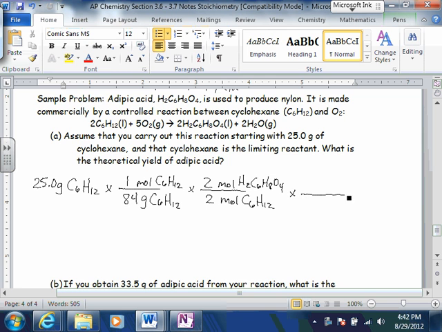Now when they ask for theoretical yield, this is a good thing to know. They don't want to know how many moles, they want to know how many grams. Okay? So we always have to go back to grams on these types of problems. So moles of H2C6H8O4. This is going to be fun. So in one mole of that, let's figure out how many grams we have.